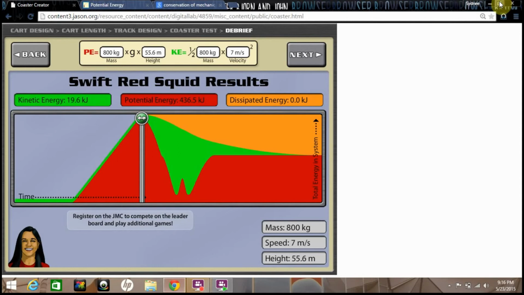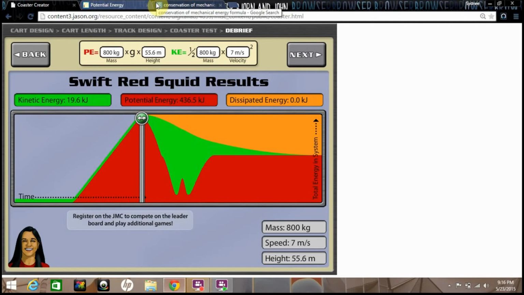Now, it has to equal, so we can make sure I get my math right. It has to equal 436.5 kJ. Kinetic energy has to equal 19.6 kJ. They do not have to equal that exact number, but you'll see why. So the mechanical energy is the addition of both of those.